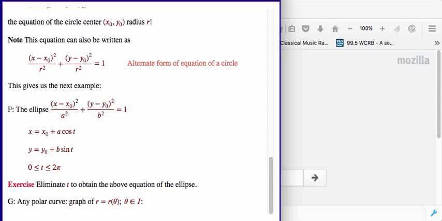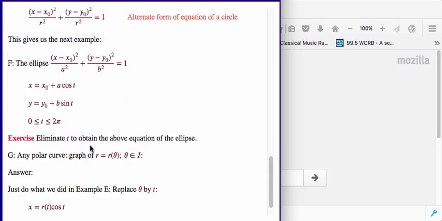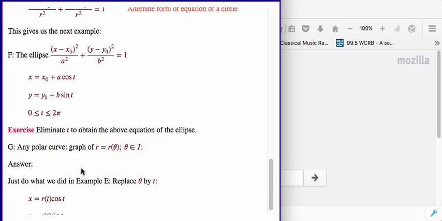So then you get a polar curve. Well, we do just what we did in example E of the circle. We just replace theta by t. That's the easy way of parameterizing it. So the answer is just do what we did in example E. In other words, replace theta by t.